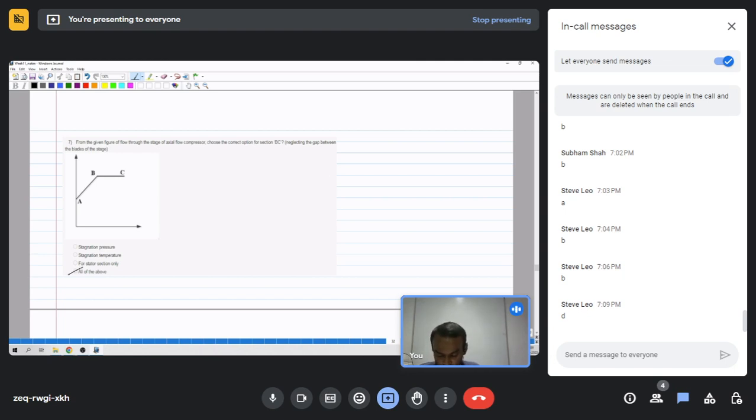Yes, all of the above is right. So this BC represents the stator section, and the stagnation pressure or stagnation temperature is constant throughout at the stator phase.